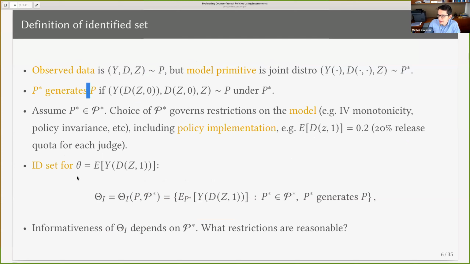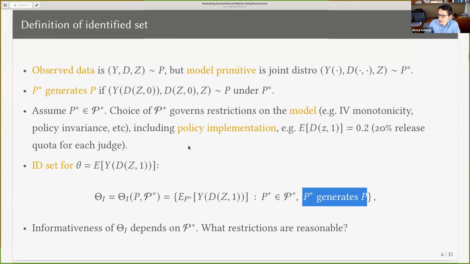And then the identified set for theta is just going to consist of all the average outcomes under the counterfactual policy such that I can find some P star that is in the set of possible models that I'm considering, such that P star generates P, so that it's compatible with the observed data.